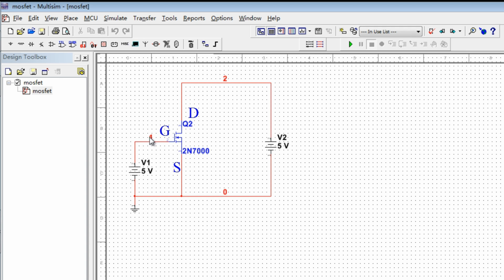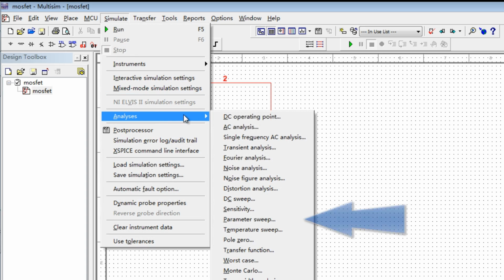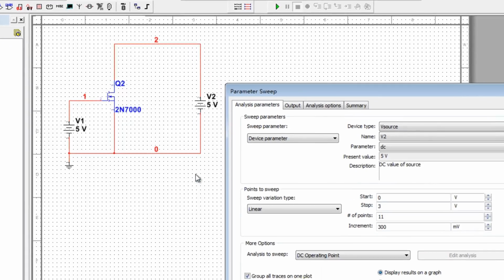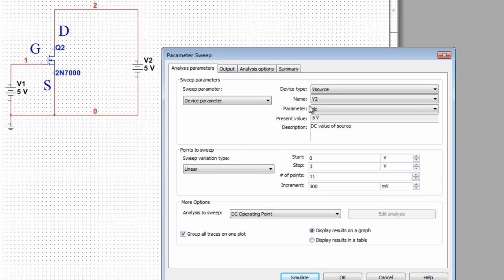It is similar to a controlling terminal. When V1 is 5 volts, what is the relationship between UDS and IDS? We need to use a parameter sweep to achieve this purpose. We make V2 the UDS.